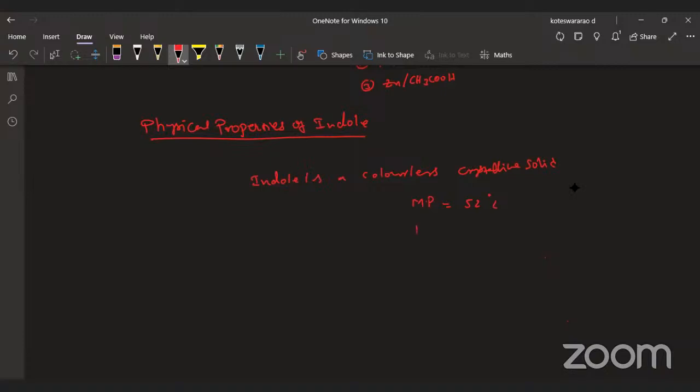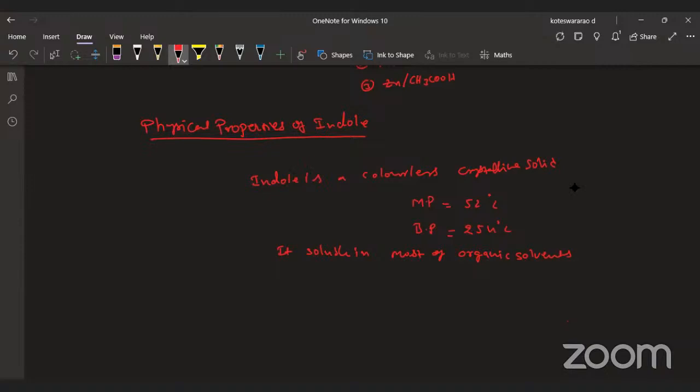Whenever you are heating, it melts down and it boils at 254 degrees centigrade. It is soluble in most organic solvents, but only slightly soluble in water, and it takes a lot more time.